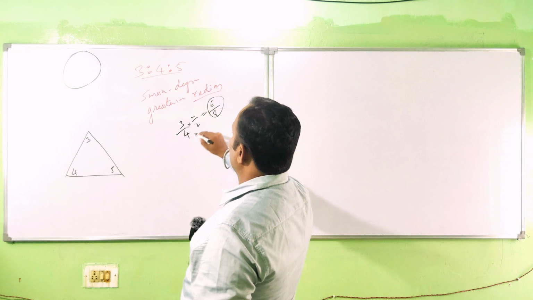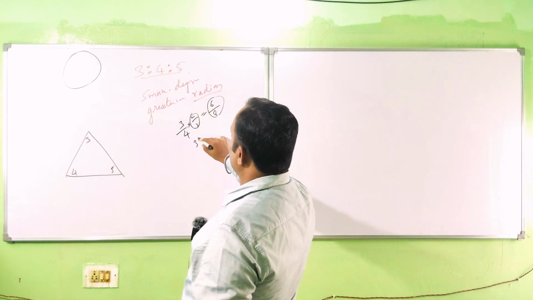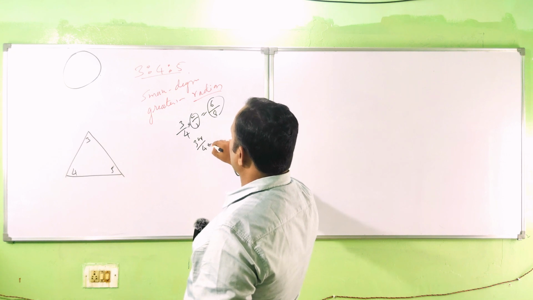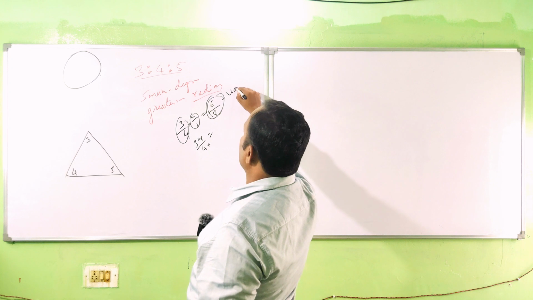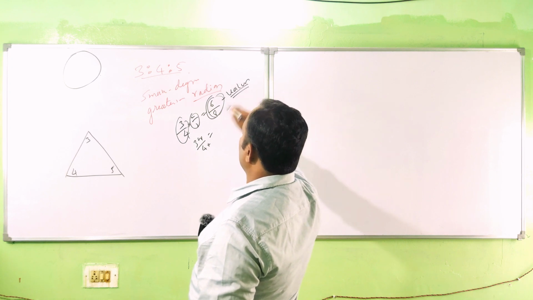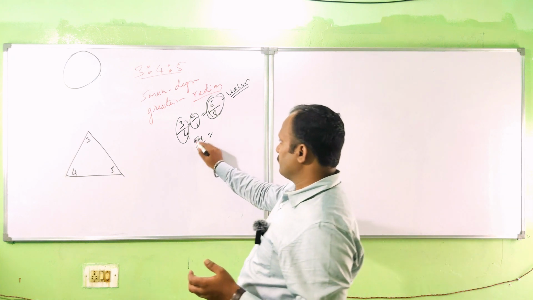Means you can write 3x by 4x to get the values. This is the ratio, these are the values.